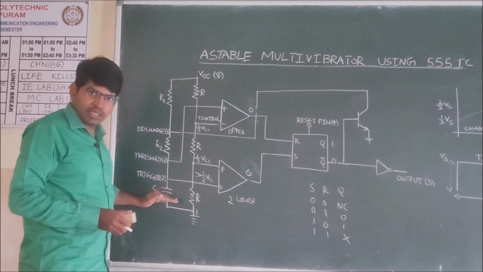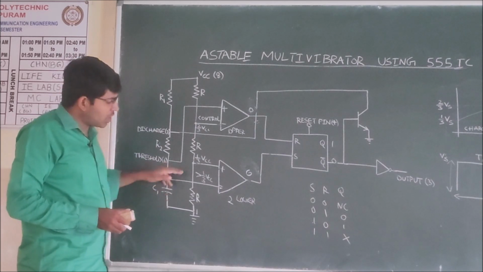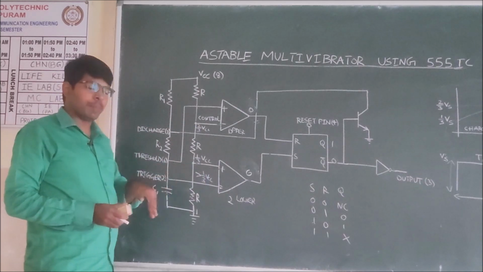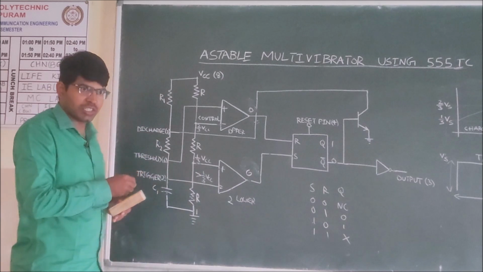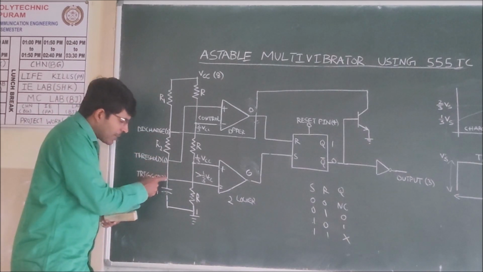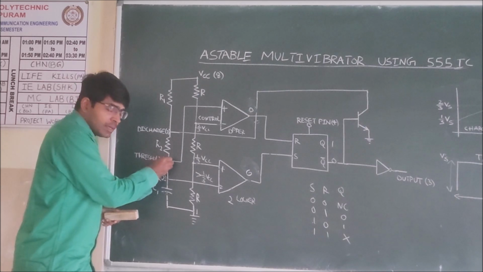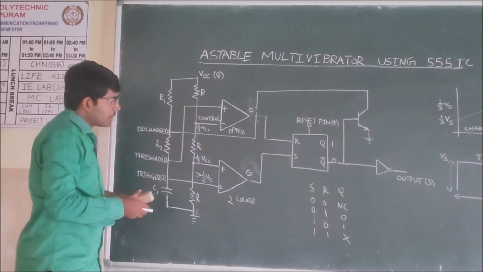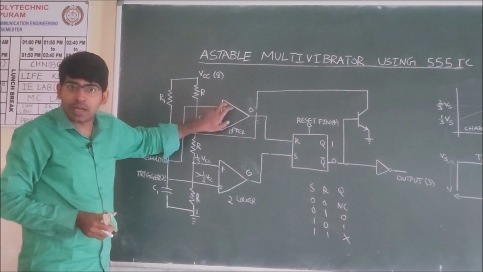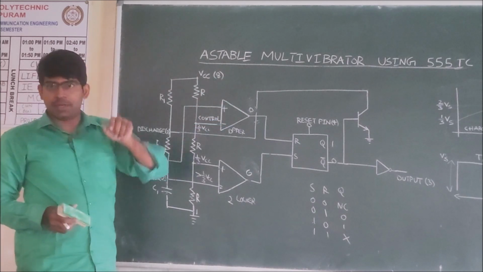Still the capacitor is charging and its voltage crosses not only 1/3 VCC, its voltage reaches 2/3 VCC. To the same capacitor, we have connected the threshold pin, that is, the non-inverting terminal of the upper comparator.